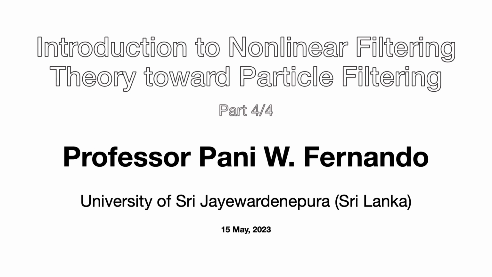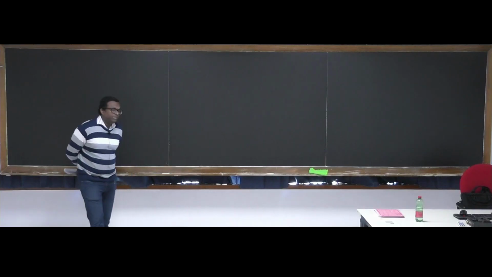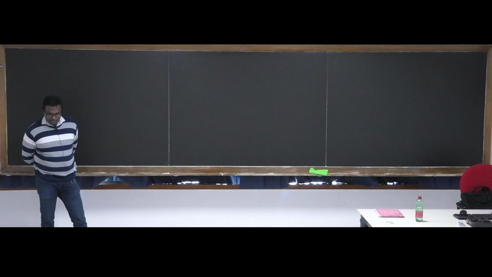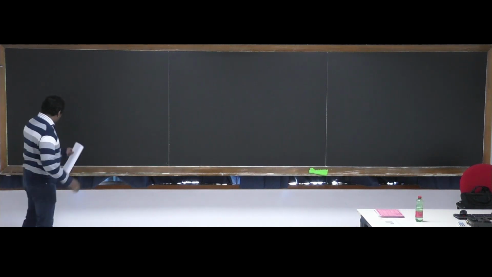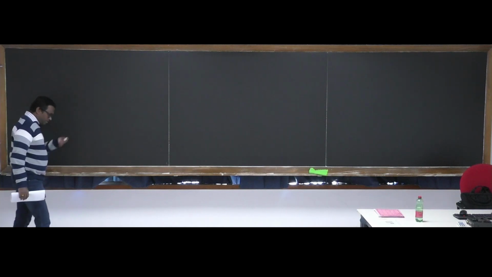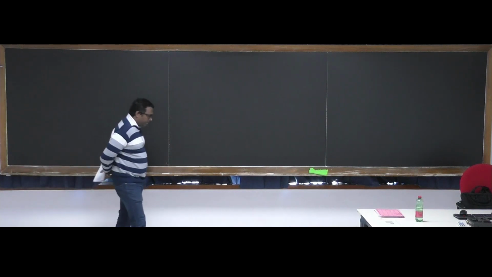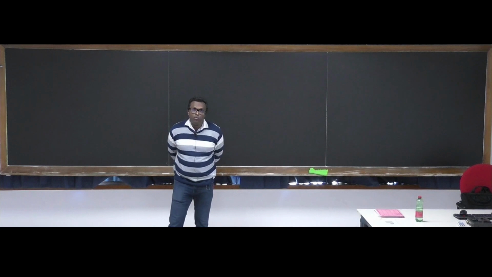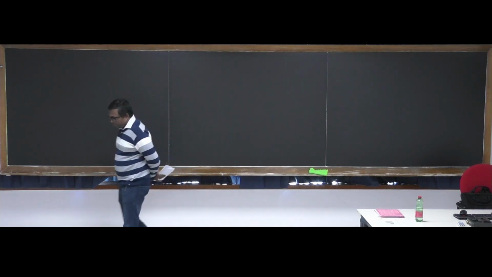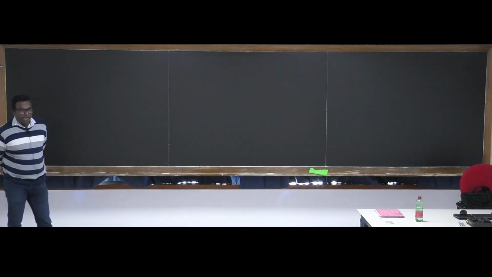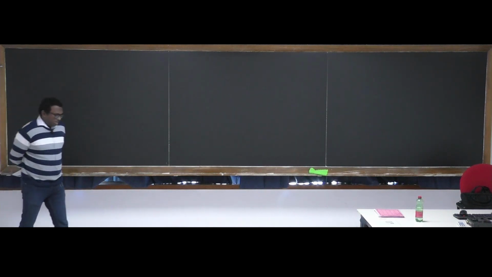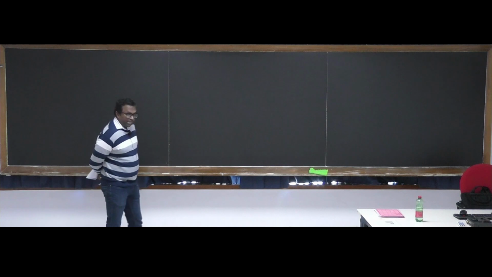All right. Hello, everybody. Today is the last lecture of this mini course. In the last three lectures, we have discussed nonlinear filtering theory briefly, and we derived the corresponding filtering equations, right?